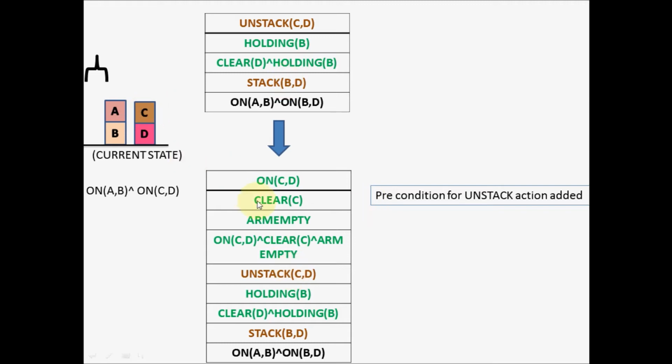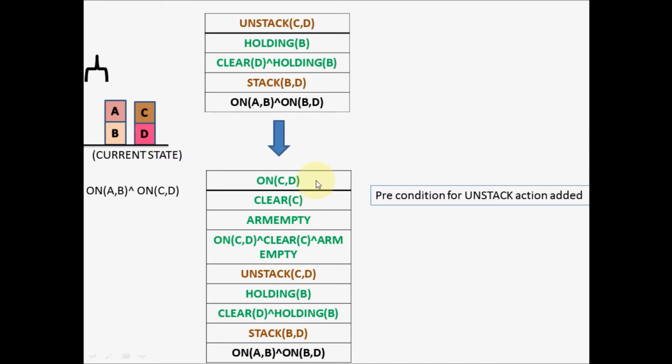Looking at the current state itself, you can find out the preconditions. C should be on D, C should be clear, and the arm should be empty. Only then can the arm unstack C from top of D, and after executing that action D will be clear.